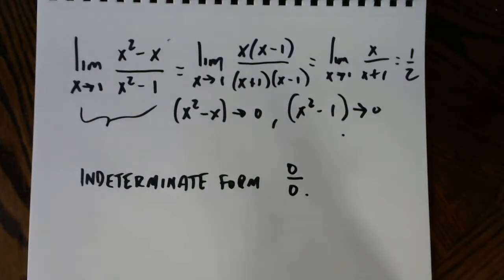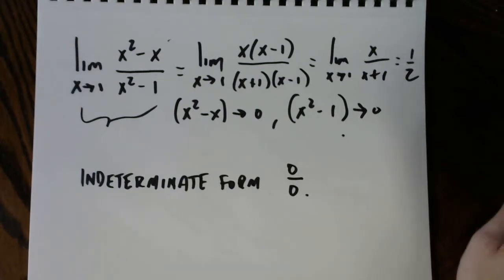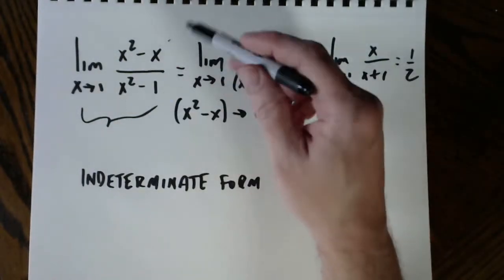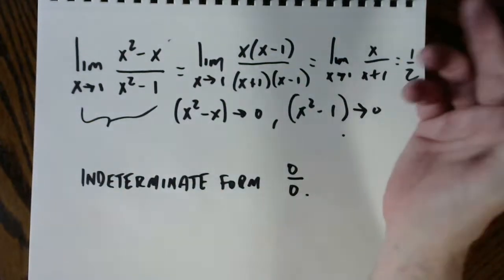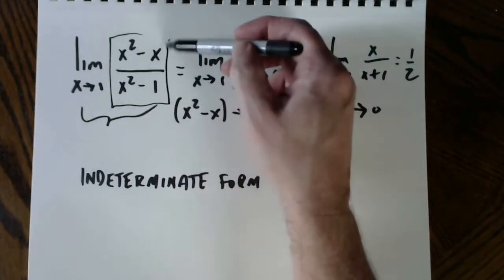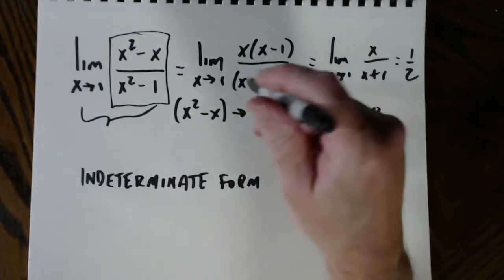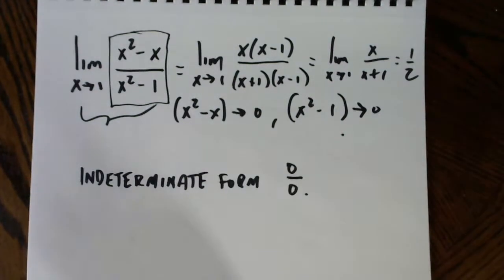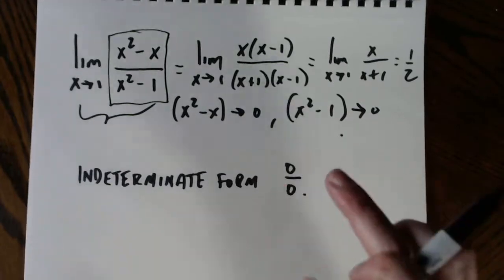Okay? What that sort of means, it's a long-winded way of saying sort of unknown behavior, right? 0 over 0, that doesn't even mean anything. It's nonsense. So you can't really see what the limiting behavior is. So you go through this process to find out. Okay? So that's an old problem. You may have heard this phrase, indeterminate form 0 over 0.